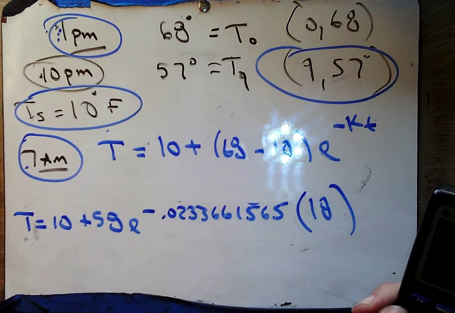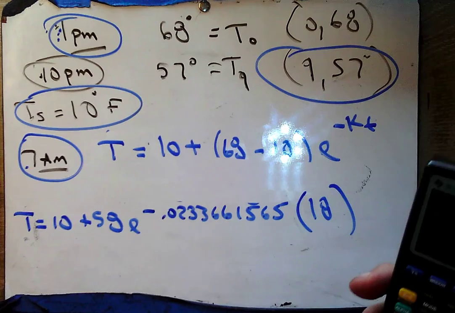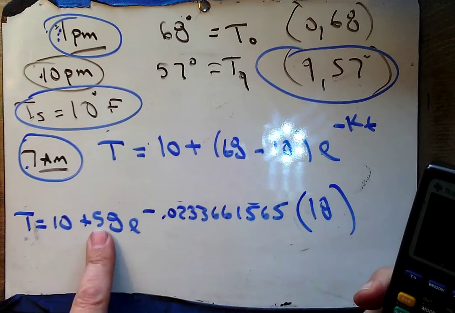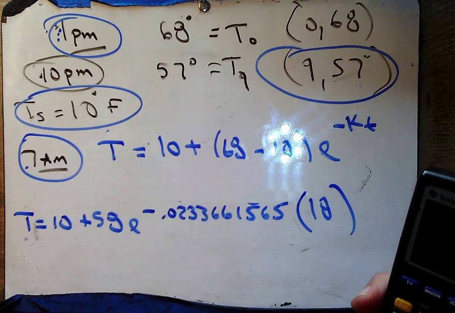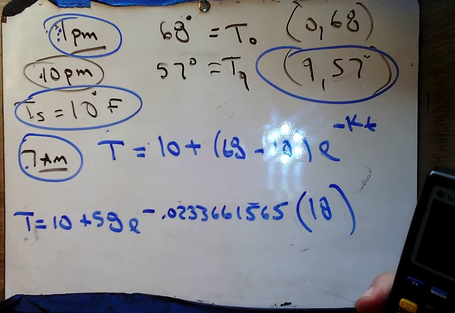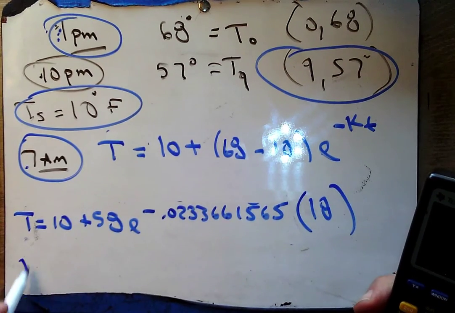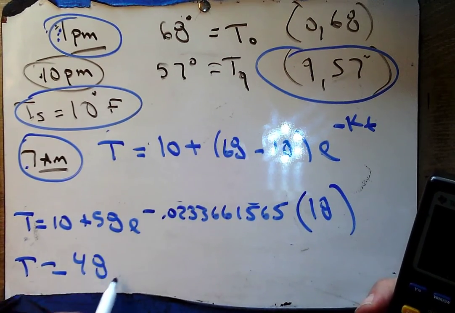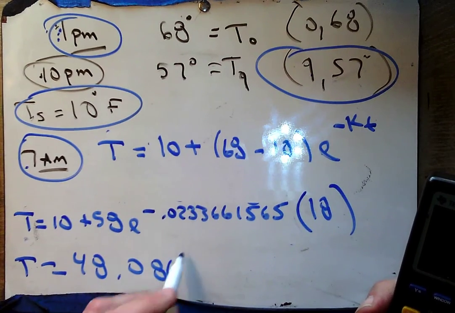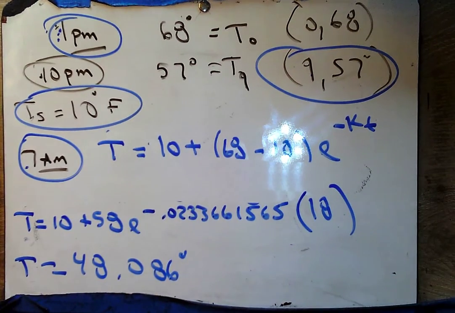I want e raised to that power. And then I want to multiply by 58. And finally, I want to add 10. And I end up that the temperature is going to be 48.06 degrees. No worries, Ma. It'll be chilly, but no, your pipes aren't going to freeze.